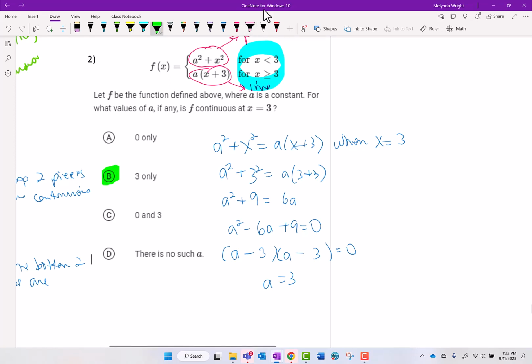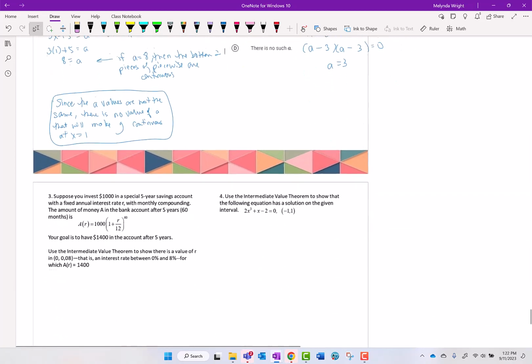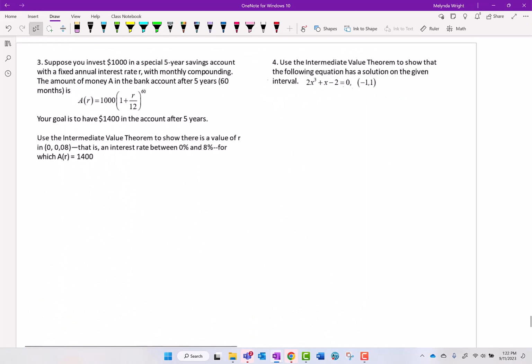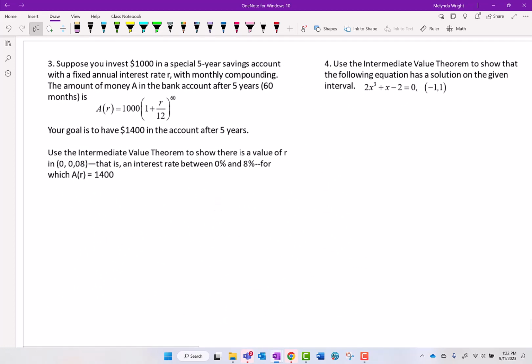All right, and those are the problems on continuity. We doing okay? Okay. The next two or last two problems are on IVT, intermediate value theorem. Okay. So this problem number 3 does require a calculator.